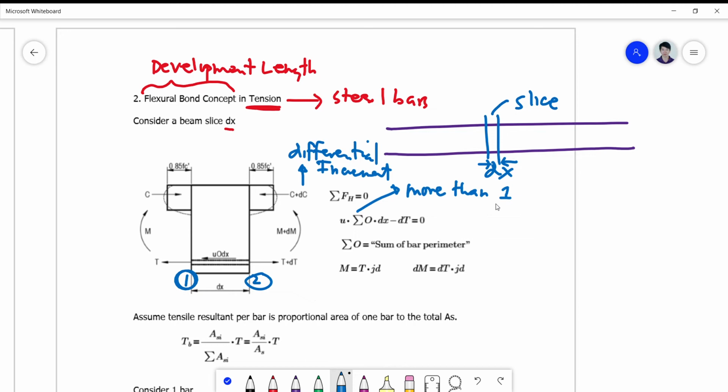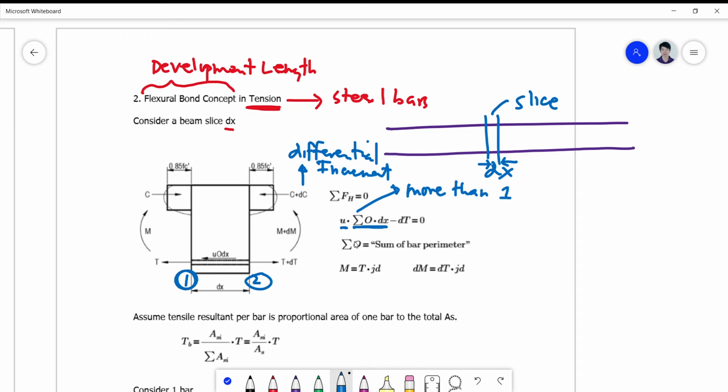So summation of the perimeter times dx, no longer the length but dx, multiplied by the stress is the force that will tend to pull out this bar.